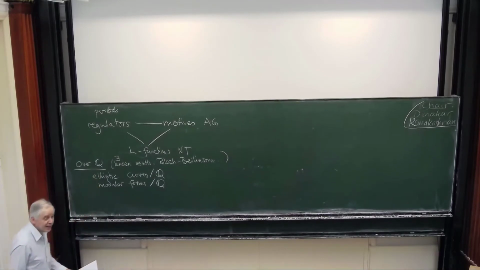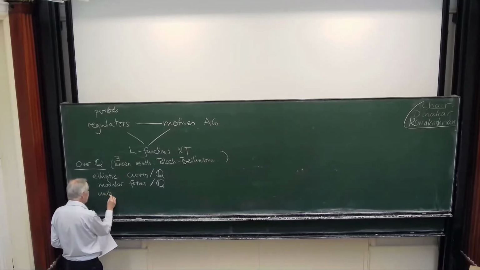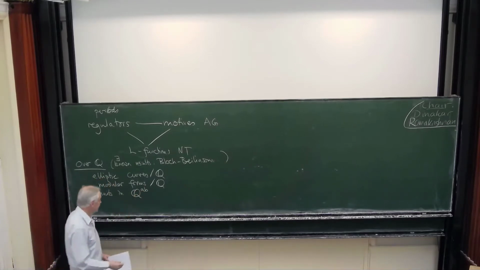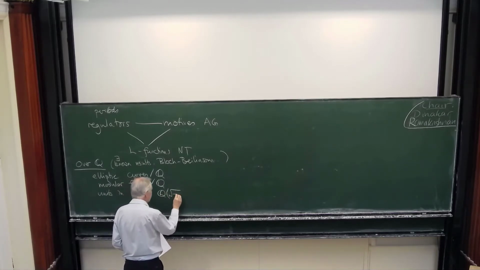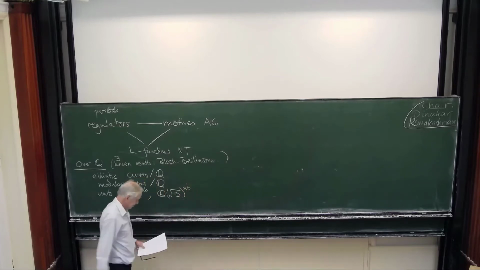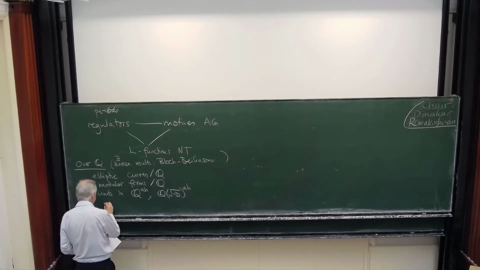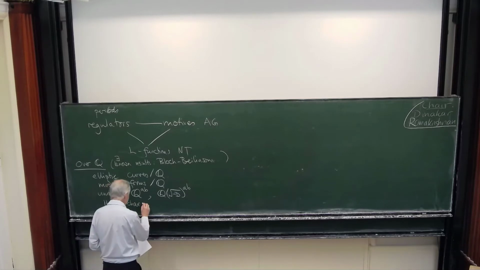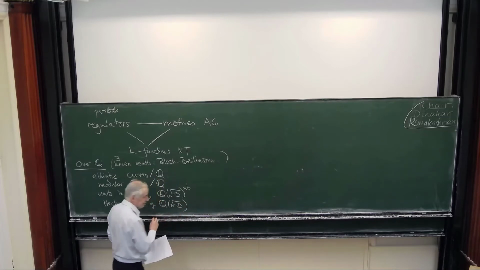Going back more than 100 years, one has results for the regulators attached to units in abelian extensions of the rationals, or in abelian extensions of some imaginary quadratic field, cyclotomic and elliptic units, and more generally for elliptic curves with complex multiplication or Hecke characters of Q(√-D).